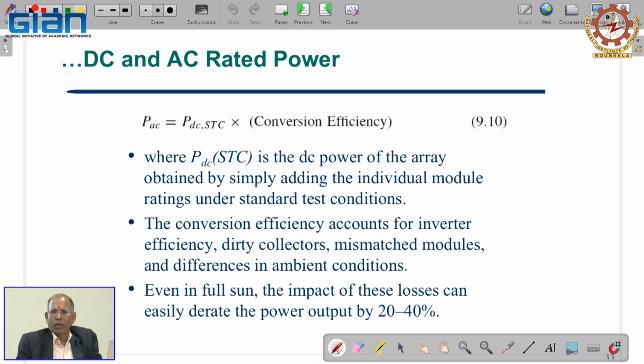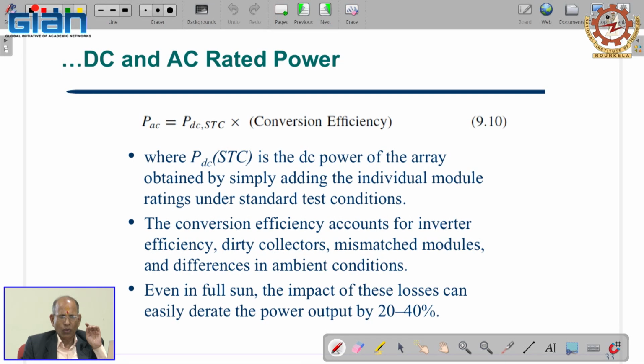The AC power that we are going to get from the PV system, the PV is generating DC, so you have the conversion efficiency. This conversion efficiency does not only talk about the efficiency of the converters, but it includes several other factors as well.